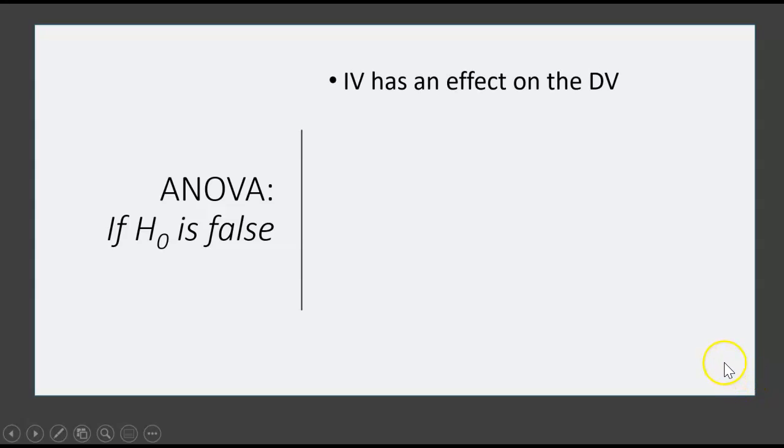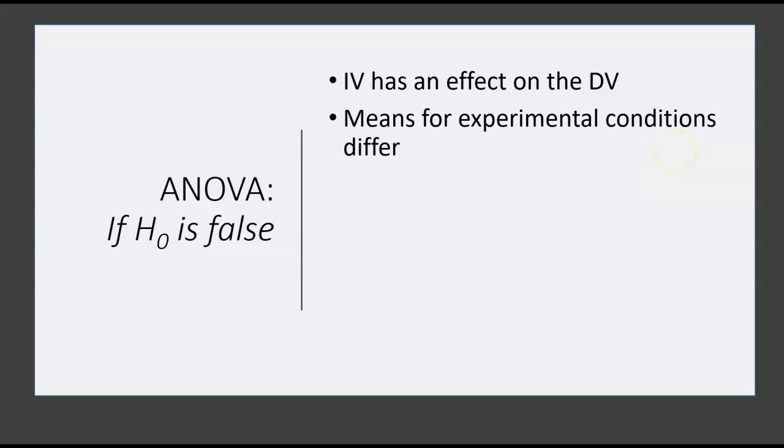Now, if the null is false, then you can infer that the independent variable has had some kind of effect on the dependent variable. You do need to look at the means and verify that, to your eye, how different do those means look? And what's the pattern?